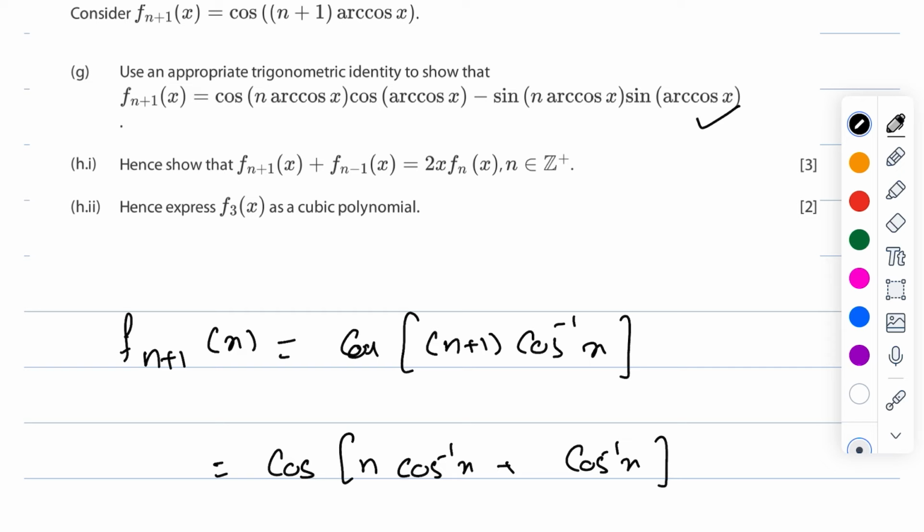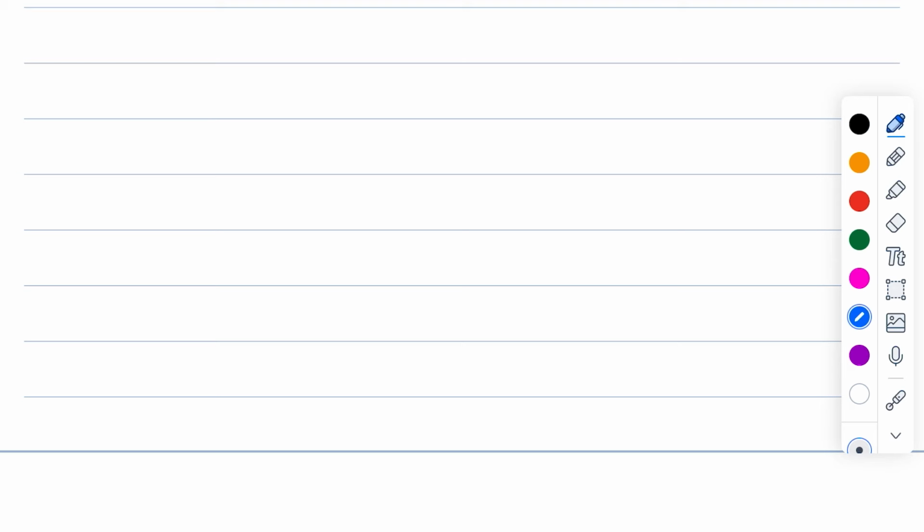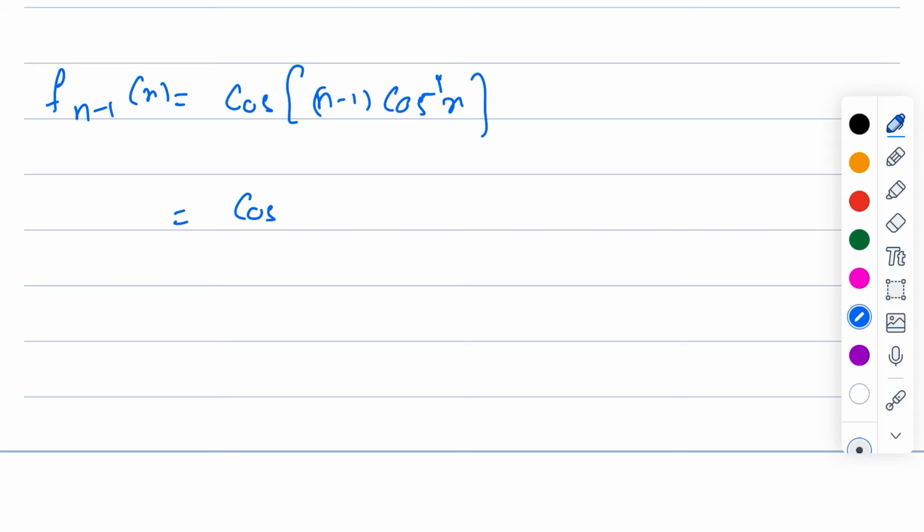Hence show that fn plus 1 of x plus fn minus 1 of x equals 2x of fn of x. So basically in the same way, fn minus 1 of x will become cos of (n minus 1) of cos inverse of x. So it becomes cos of (n cos inverse of x minus cos inverse of x).